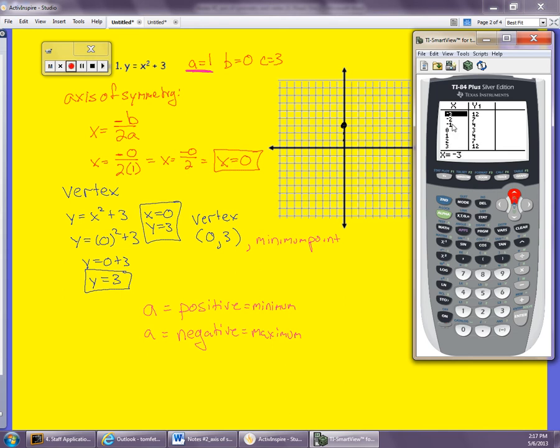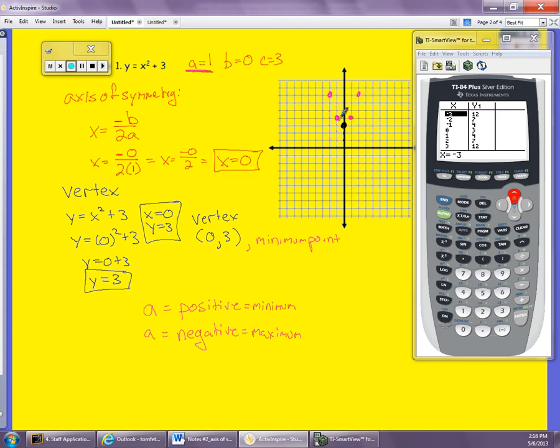That (0, 3) is our vertex. So now we can graph negative 1 and 4. So negative 1, 1, 2, 3, 4. Negative 2, 1, 2, 3, 4, 5, 6, 7. Now negative 3, 12 is going to be off, and then we can graph (1, 4) and (2, 7).